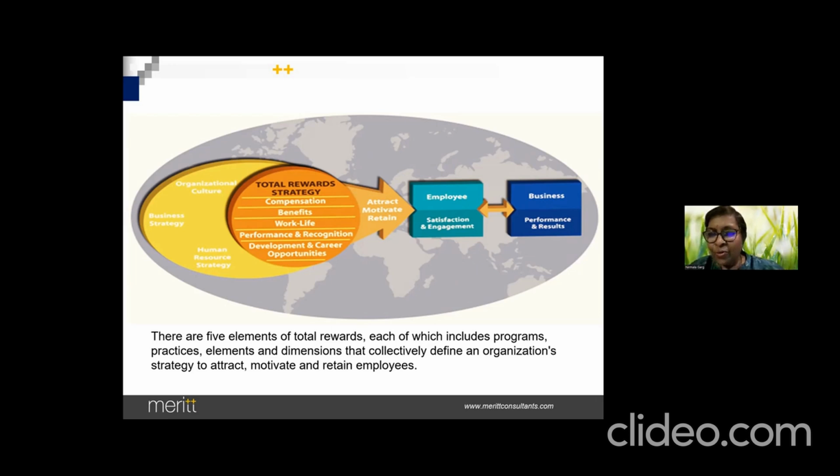Now, let me just explain, even if you look at this model, WorldatWork says that to actually achieve the business results, you need to have very highly satisfied and engaged employees. And when can you have them? By attracting, motivating and retaining such people.